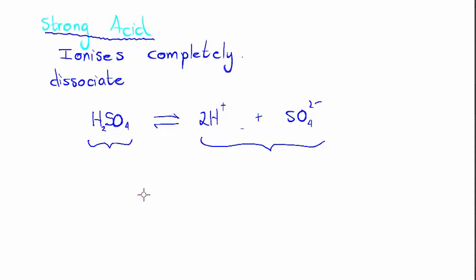So now in our reaction vessel, in our water, there are the ions, and somewhere we also have sulfuric acid molecules. A certain percentage is going to be sulfuric acid, a certain percentage is going to be ions.